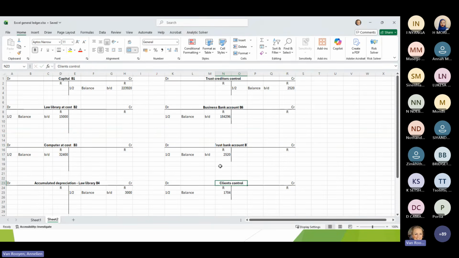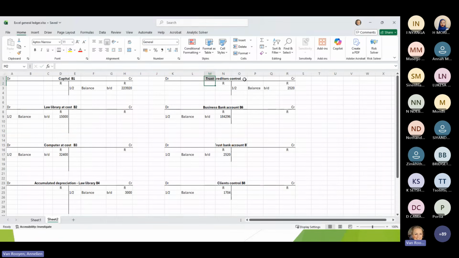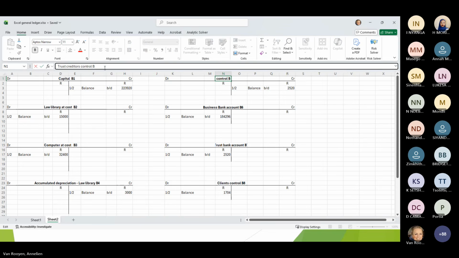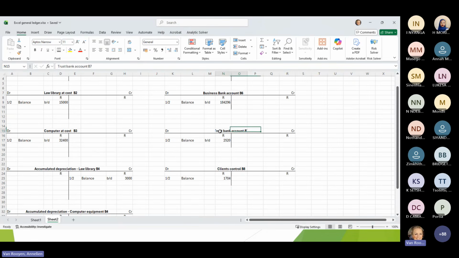Client's control is B8. And trust creditors control is B9. Okay. Everybody clear where that comes from?